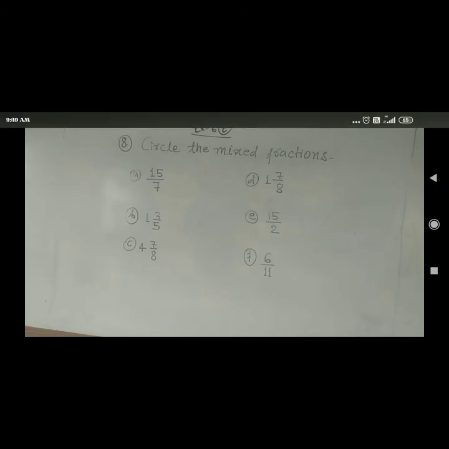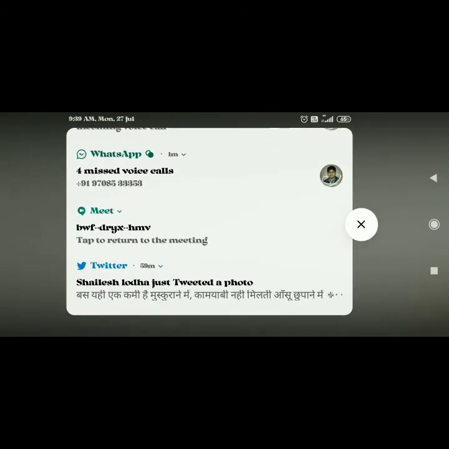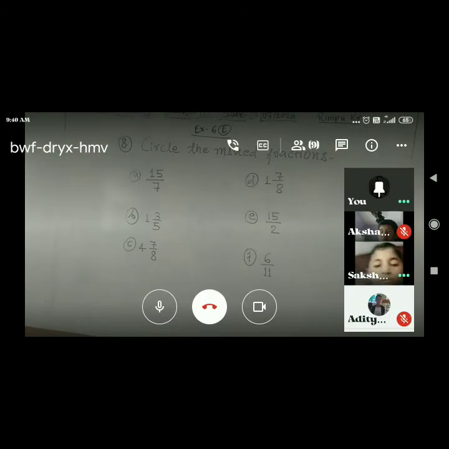Okay, guys. Saksham, what is mixed fraction? Define.